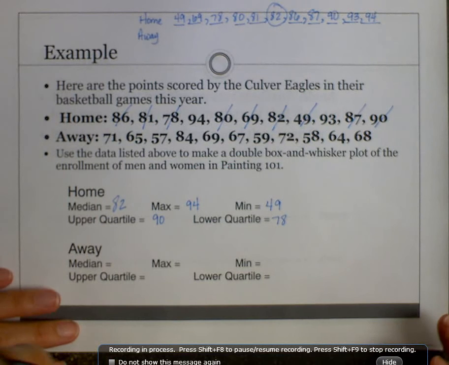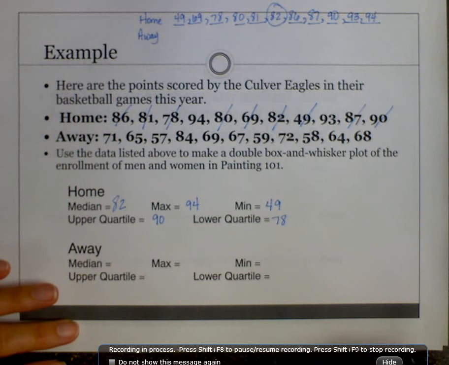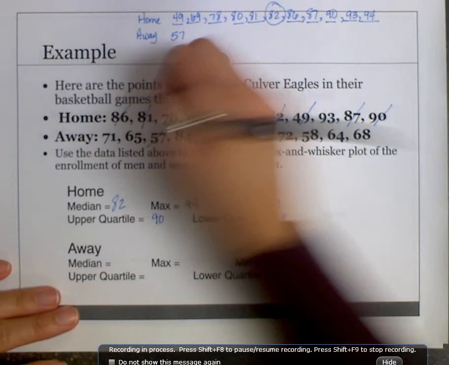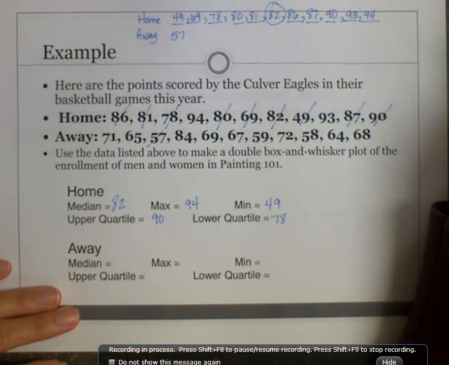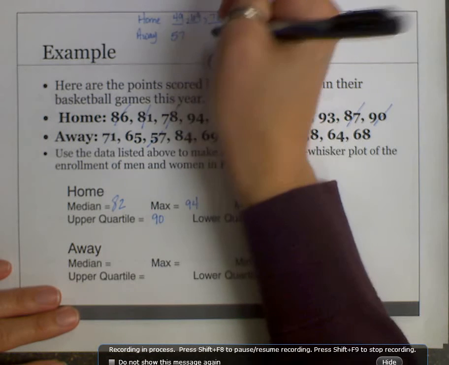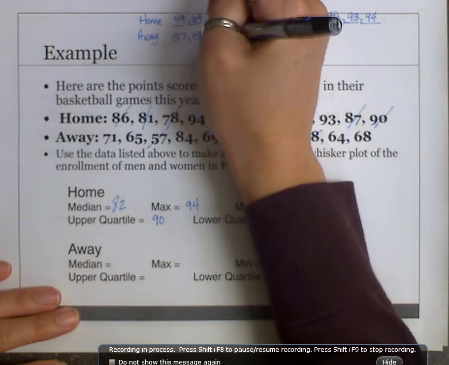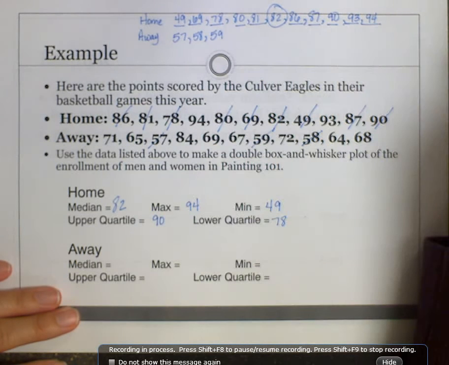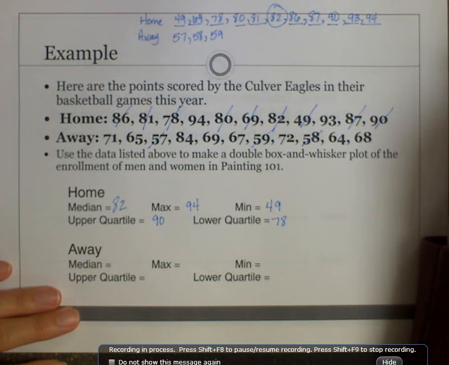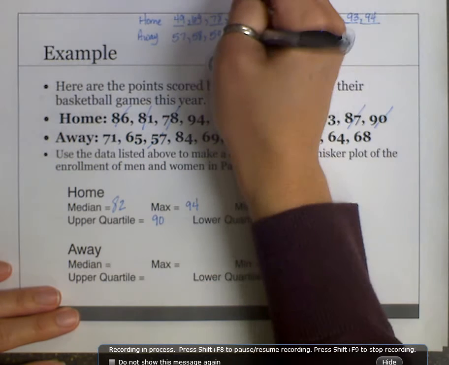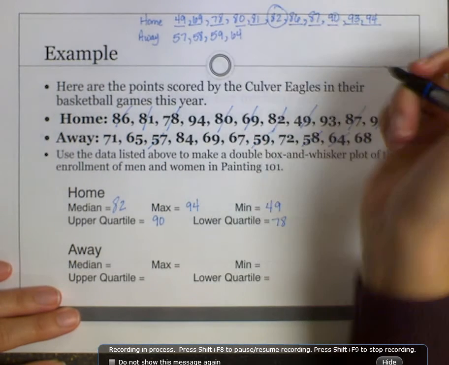The away games, lowest score ever was a 57. Mark it out, it's been used. After a 57 comes a 58. Mark it out, it's been used. After 58 is 59. After 59 is 64. After 64 is 65.